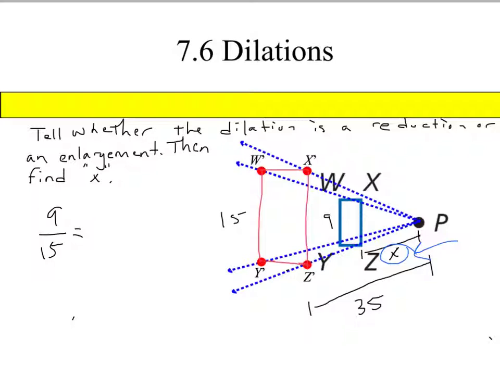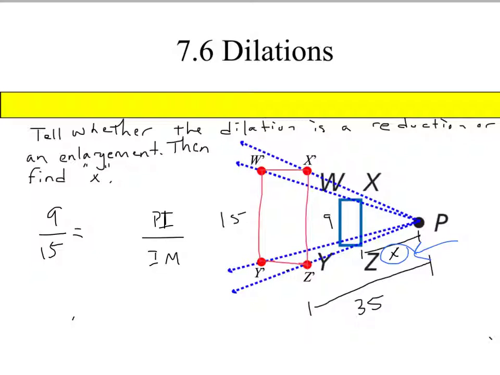On top I put my pre-image, I'm just going to call it PI, over my image, which I'm going to call IM. So my pre-image side over my image side. Now, I have x here as the distance from my center of dilation to my pre-image. PZ is from my center of dilation to my pre-image.